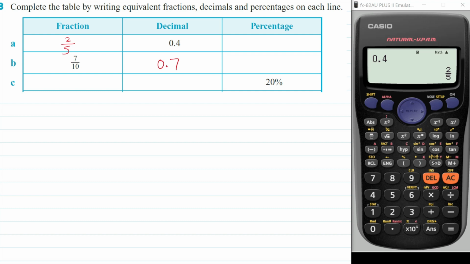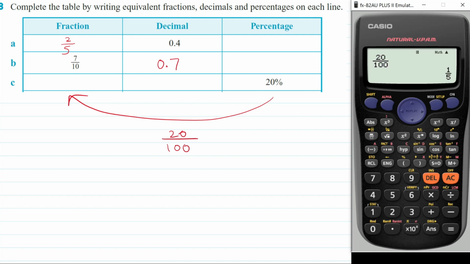To go from a percentage to a fraction or to a decimal, let's recap on that. To go from a percentage to a fraction is actually quite easy because, as you know, a percentage is just a fraction over 100. So 20/100. Now, sometimes these numbers could be big and not easy to see what they simplify down to, so use your calculator to do the simplifying work for you.